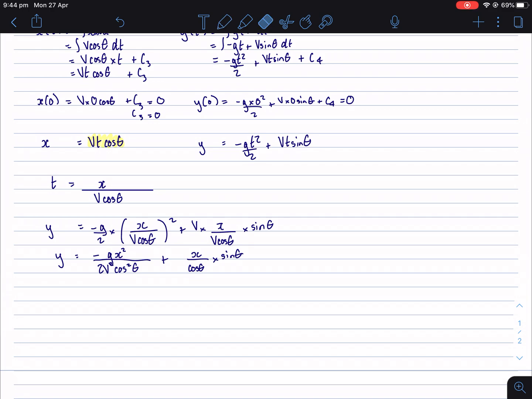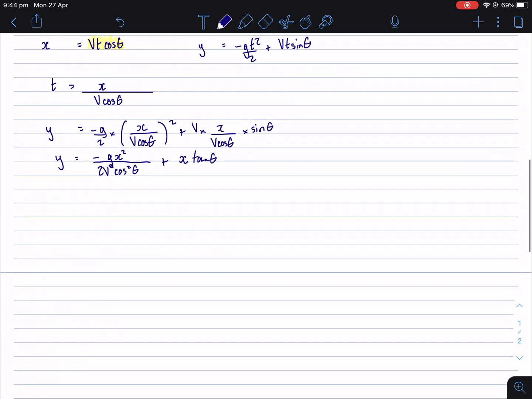Well, that's the same as sine on cos, so that becomes tan. And that cos being on the bottom means I can rewrite this one as negative gx squared on 2v squared times sec squared theta, which is just going to be a bit easier to integrate.